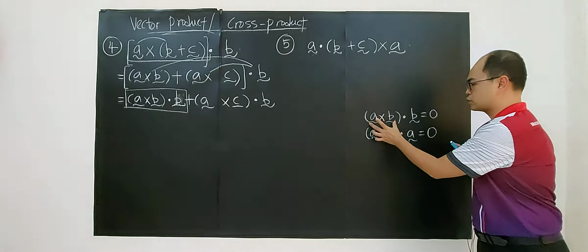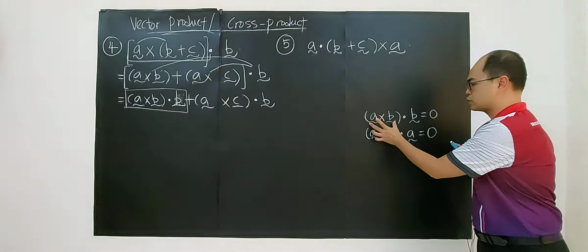For example, A cross B, or B dot with B cross A. It's still the same, because B is inside the cross product and you dot with this, you are still getting 0. Or if I set A dot with B cross A, you are still getting 0. There are many ways of writing this.